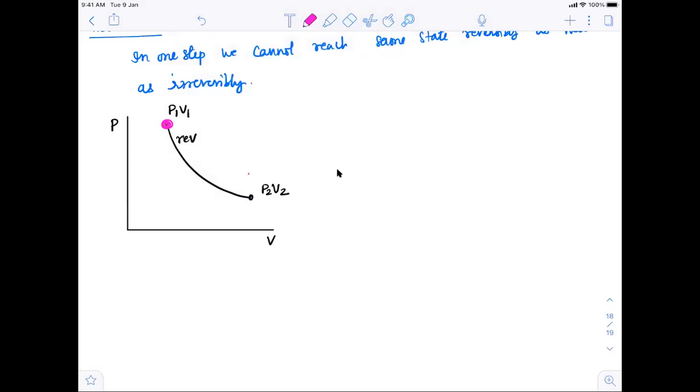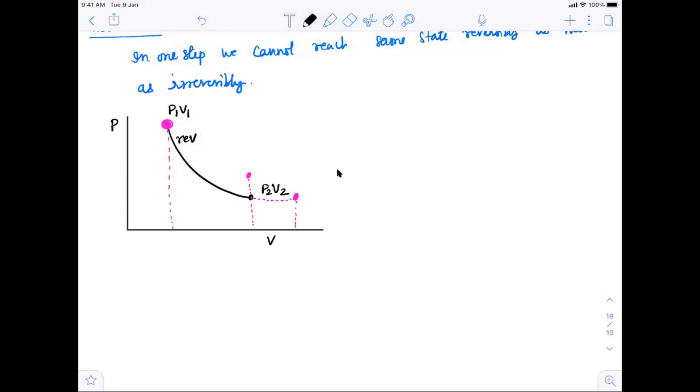But you cannot reach the same point in one step. If you try to reach the same volume, you will reach a new point here. Or you will reach here, which means if you want to reach the same pressure, you might end up at a different volume, but you will never be able to reach the same points in reversible as well as irreversible form.